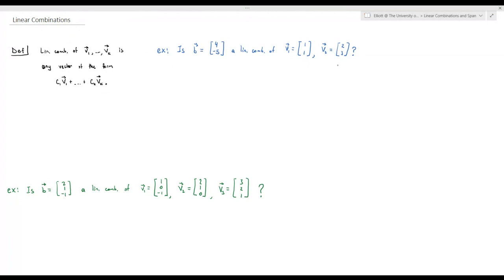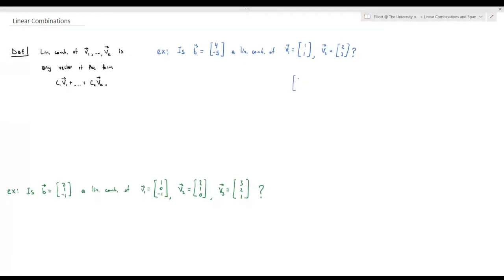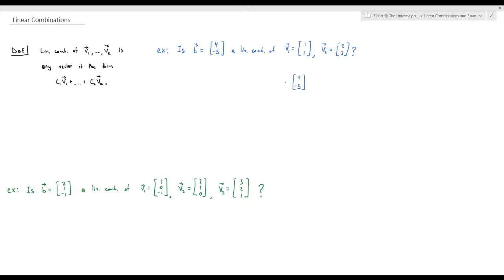How you want to go about answering this question is, let's take the vector 4, -5, and I'm checking to see: is it equal to a combination of v1 and v2?